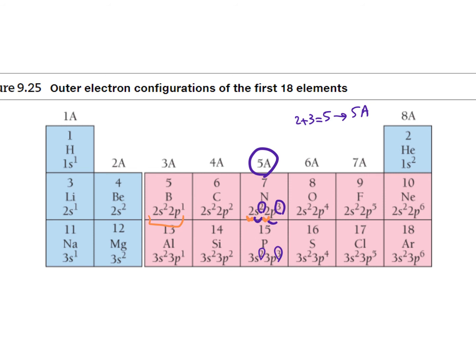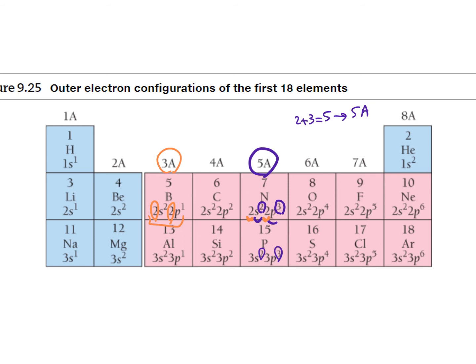For most of the problems that you see in the exam, you don't even have to write the whole electron configuration. You know that boron is in period 2, so N equal 2 is the highest number that you have, and you know it's located in group 3A, so it should have 3 valence electrons.